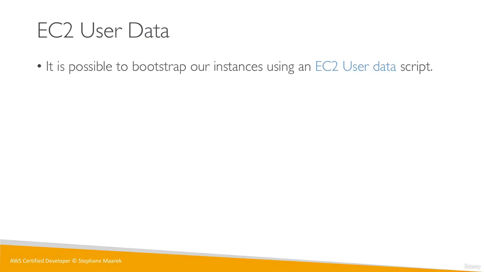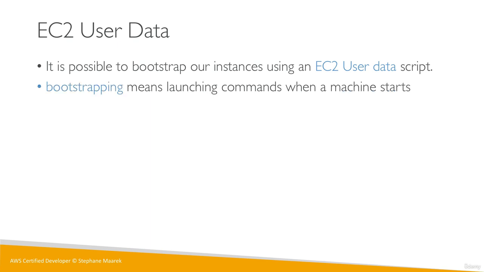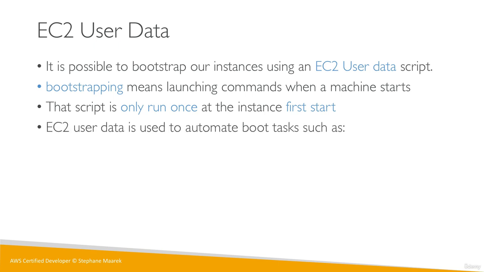So it is possible to bootstrap our instances using the EC2 user data script. So what does bootstrapping mean? Well, bootstrapping means launching commands when the machine starts. So that script is only run once, when it first starts, and then will never be run again. So the EC2 user data has a very specific purpose. It is to automate boot tasks, hence the name bootstrapping. So what tasks do you want to automate usually when you boot your instance?